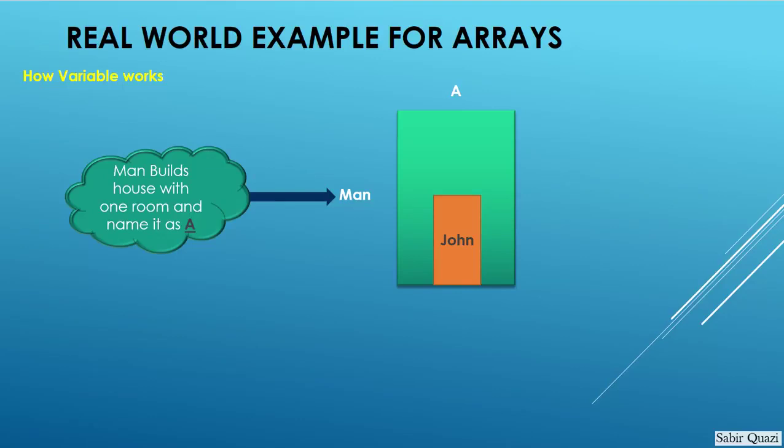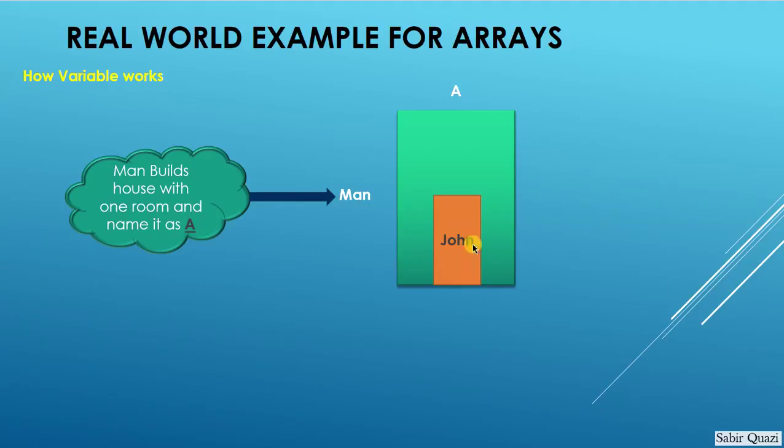Now let's relate this as a data type of variable like integer or character or string in our programming language. This variable will store integer values, character values, or string type values. Now who will stay in this room?